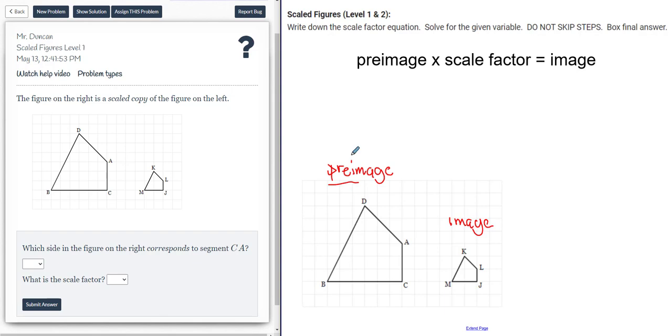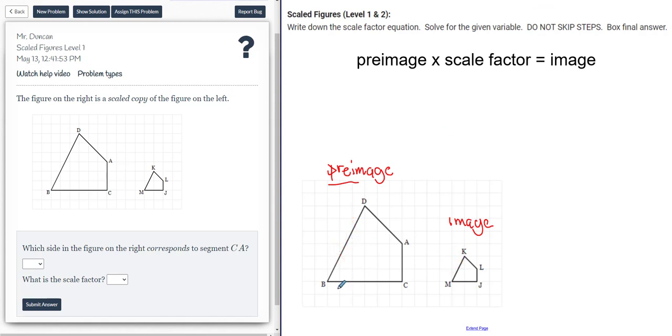Okay, so now what we need to do is go ahead and find the length of a side from the pre-image, and we need to compare that to the corresponding side length. Now, I'll be honest with you, I would ignore these ones right here because those are diagonals, and finding the length of a diagonal, you have to use the Pythagorean theorem, and that's a lot of work.